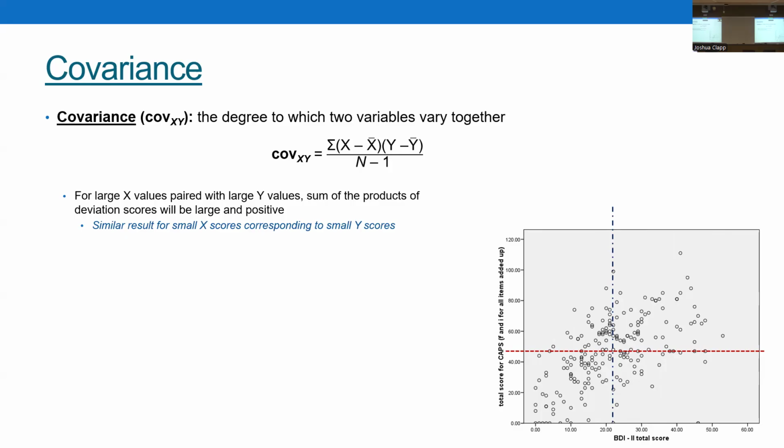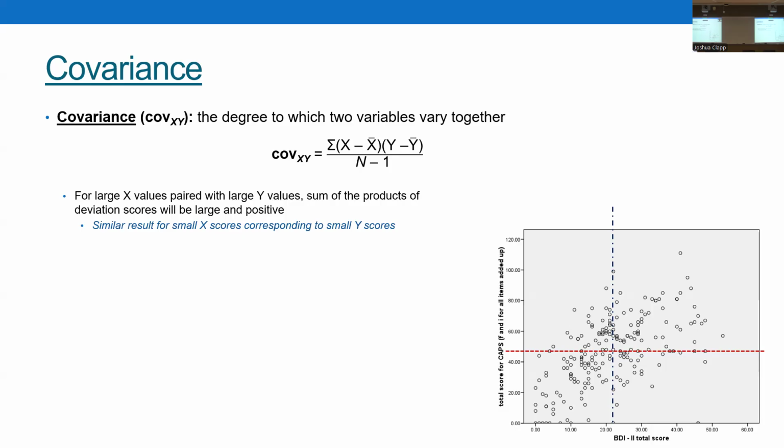So if I have a large X, the deviation of this score from the mean of X is going to be large and positive. The deviation of the score from the mean of Y is going to be large and positive. A large positive number multiplied by a large positive number gives me a large positive number.